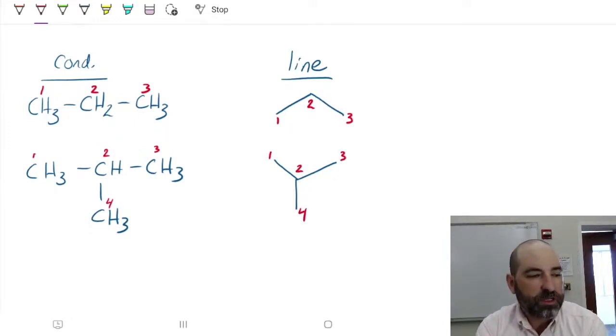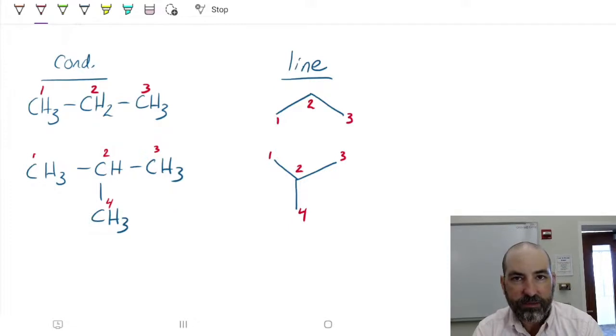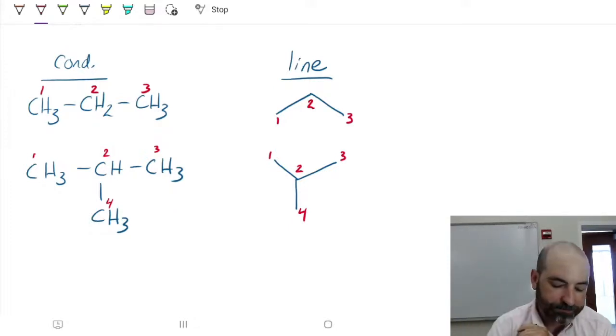So hopefully you're starting to get at least a sense of what's happening here. We're basically getting rid of the carbon atoms and the hydrogen atoms and instead making lines where the ends of the lines and the places where the lines intersect represent carbon atoms.